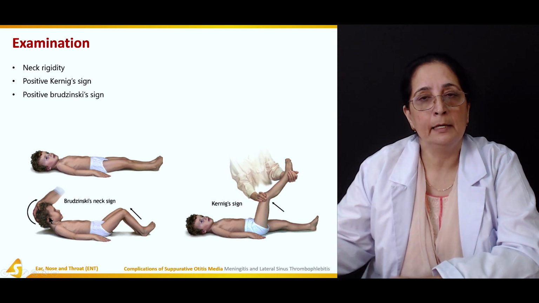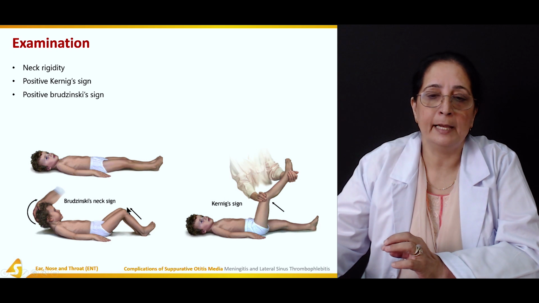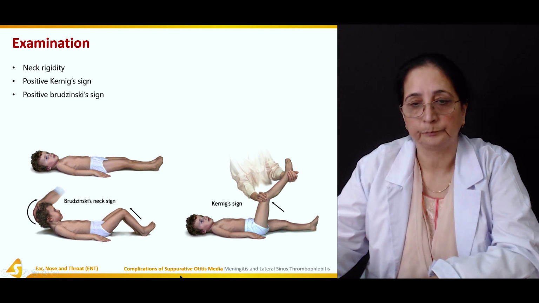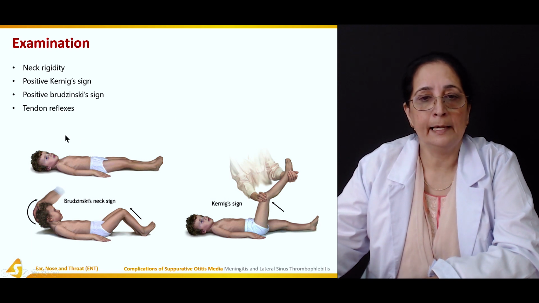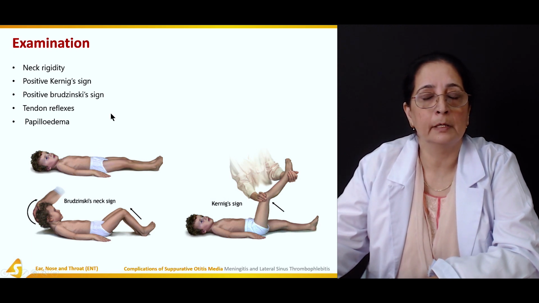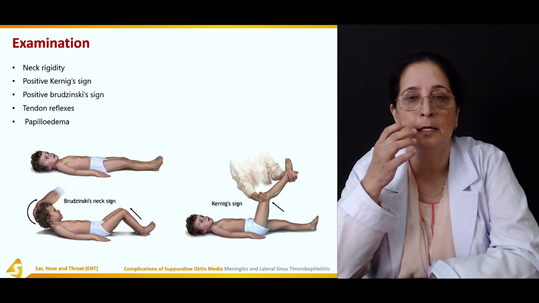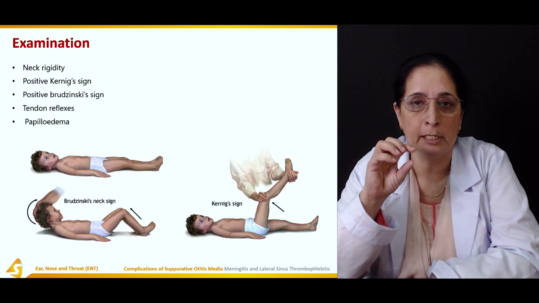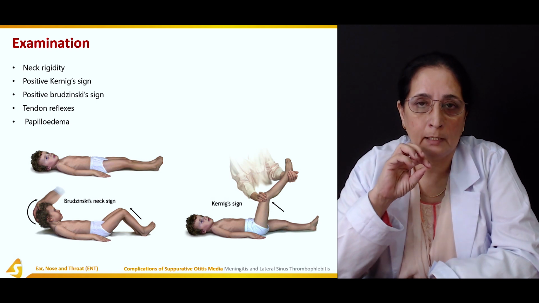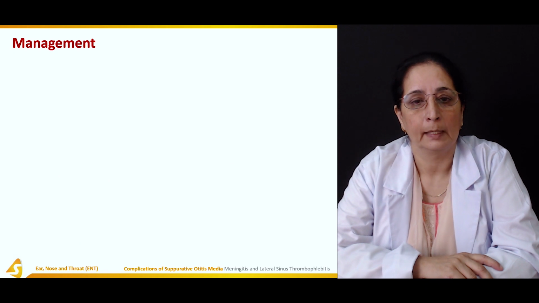Here, when the head is lifted like this, there is bending of the legs. Tendon reflexes are also examined. Papilledema, or swelling of the optic disc, is seen on ophthalmoscopic examination.